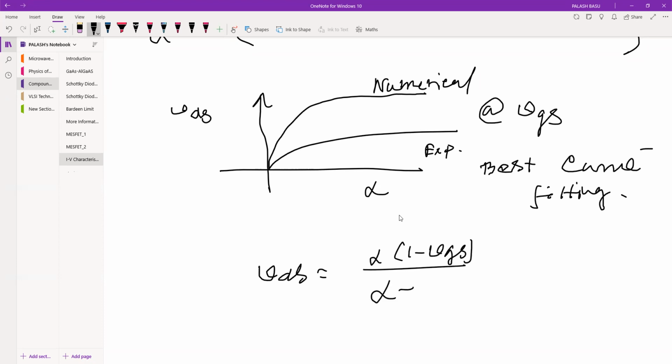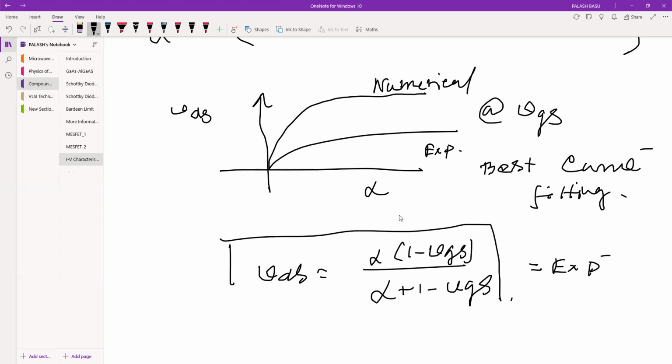So they do that part and they get a best matching of this value, 1 minus UGS, alpha plus 1 minus UGS. That is what they got, and they consider this as the experimental value. From that they back calculate and find out. So this is the UDS, and that is my best fit, and that satisfies all the values of alpha, UGS, and everything. It's simple curve fitting.